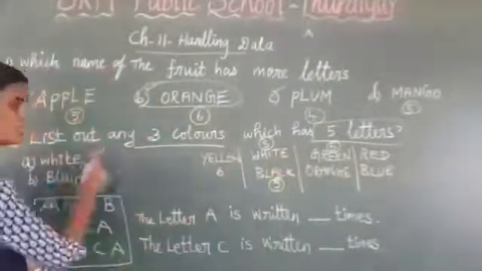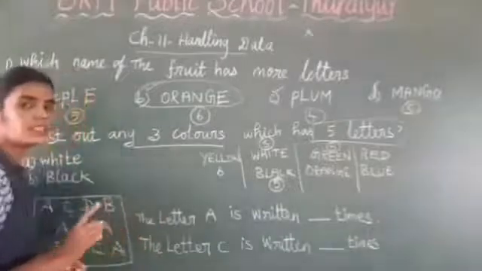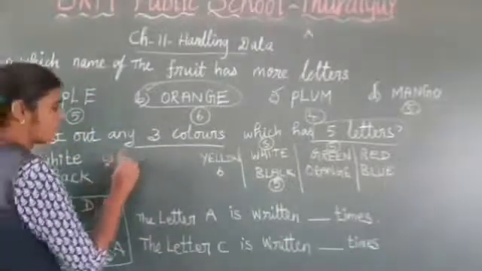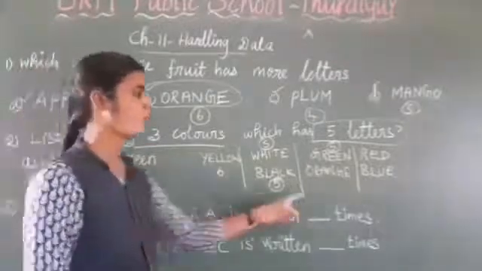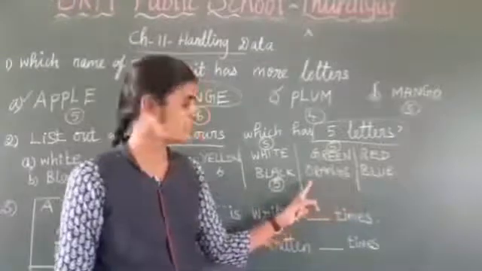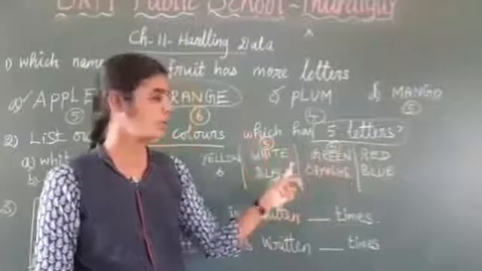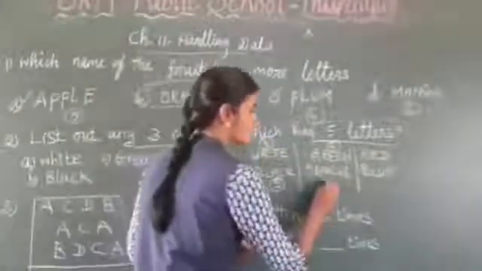What is the question? List out the colors whose names have 5 letters. So green. Write one by one without making any mistake. Next, orange. Orange has how many letters? 1, 2, 3, 4, 5, 6 letters. So this is not a correct answer.